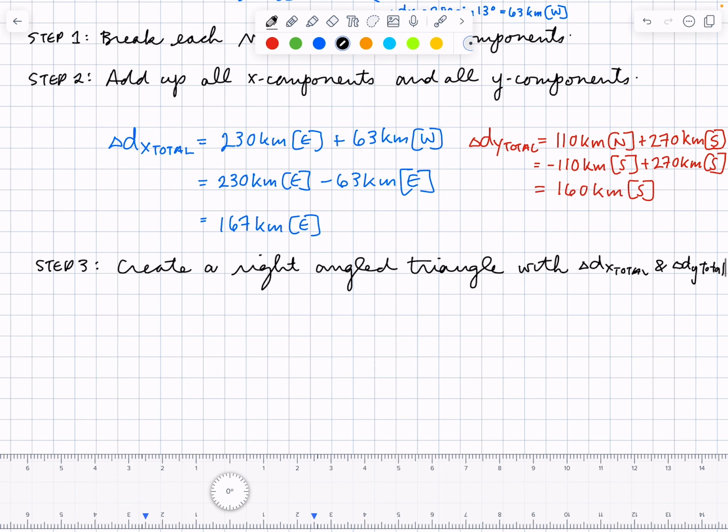So this right angle triangle is going to look like this. 167 kilometers east. And if you notice, I'm not drawing this accurately to scale. And our y total is 160 kilometers south.